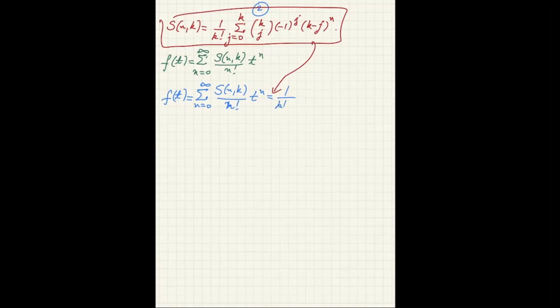So you can take 1 over k factorial as a common factor, and it's a summation from n equals 0 to infinity, and then a sum from j equals 0 to k of k choose j, times (-1) to the j, times (k minus j) to the n, times t to the n, and everything divided by n factorial.